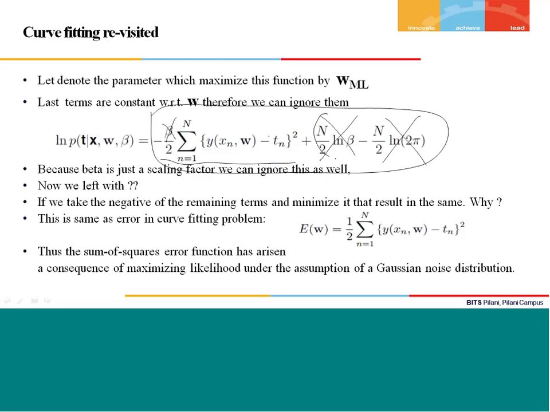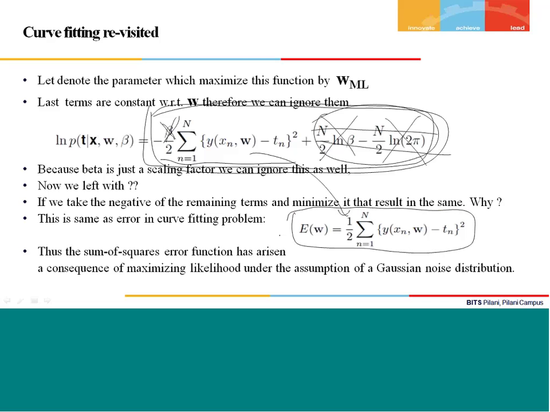These terms will not affect that value W, because W does not depend on these values. So if I want to find out what value of W will maximize this whole expression, I can just concentrate on this expression only. I just ignore these two terms, I ignore this beta, and I will focus on the remaining one. If I see it separately, what is this?